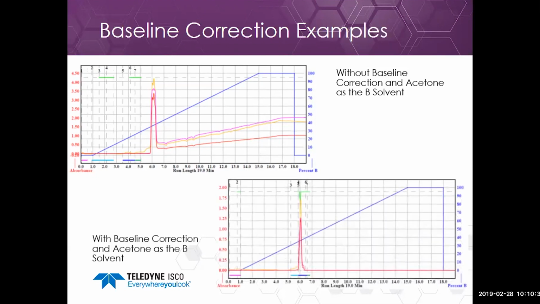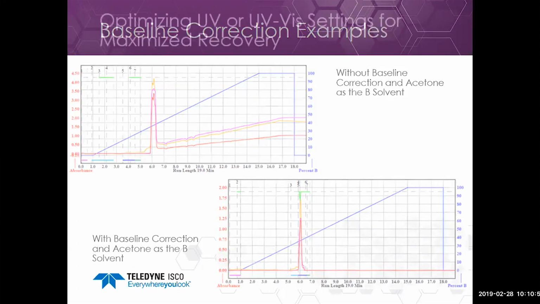However, when we do the baseline correction with acetone as a solvent, you can see the peak resolves a lot more cleanly. It doesn't have the acetone remnants in the spectra causing the baseline drift. So it helps clean up your chromatogram there.